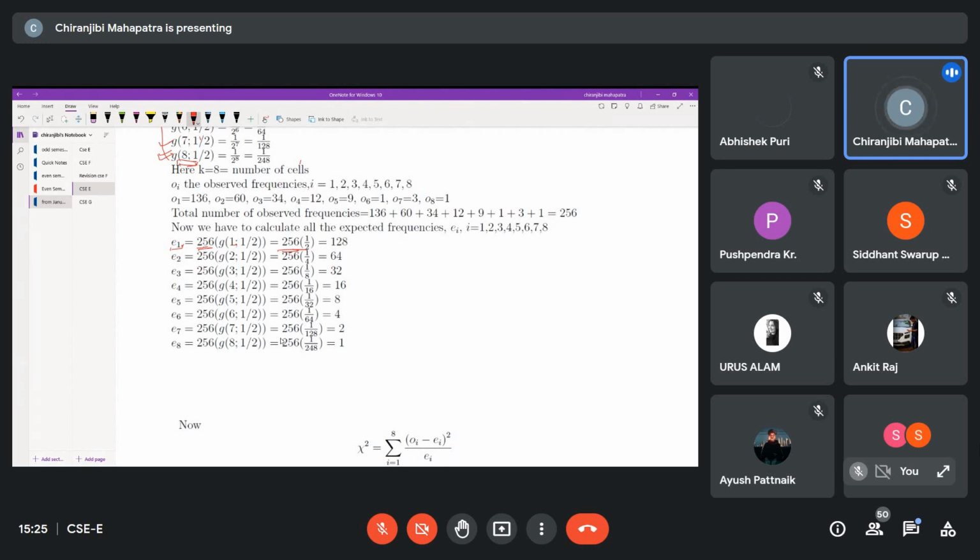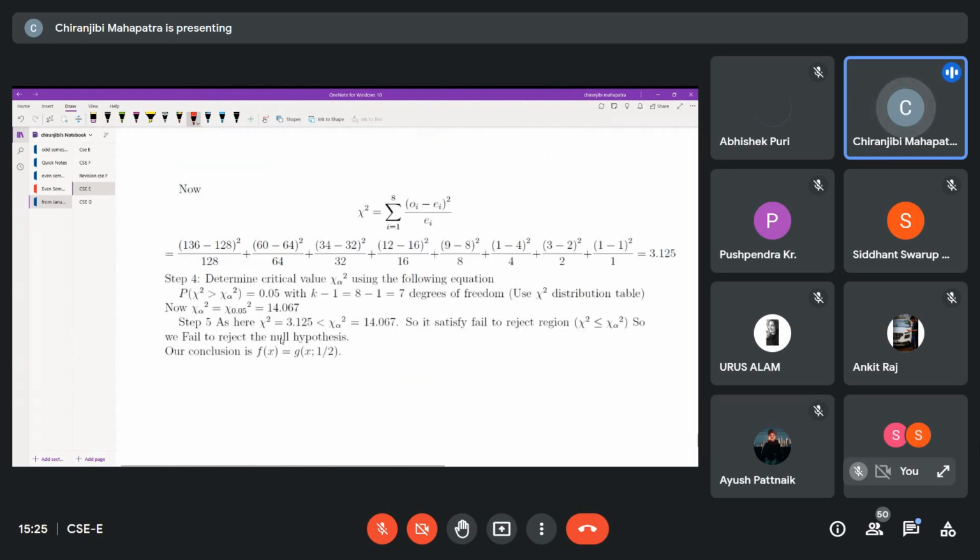Okay, so now this chi square is equals to the sum of (Oi minus Ei) whole square divided by Ei, that is 136 minus 128 square by 128, like this. जितने भी हैं, so determine the critical value chi square alpha.